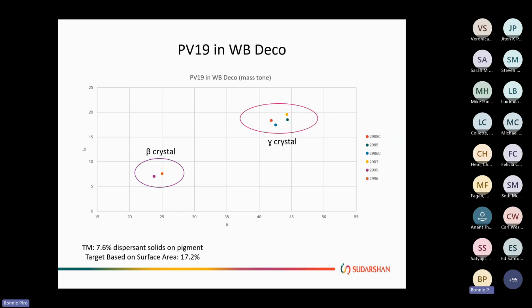So is this an optimized formulation? Probably not, because we think we can go more. That's why when we give that formulation out, we always suggest to ladder both below and above that number when you're doing your initial development screening.